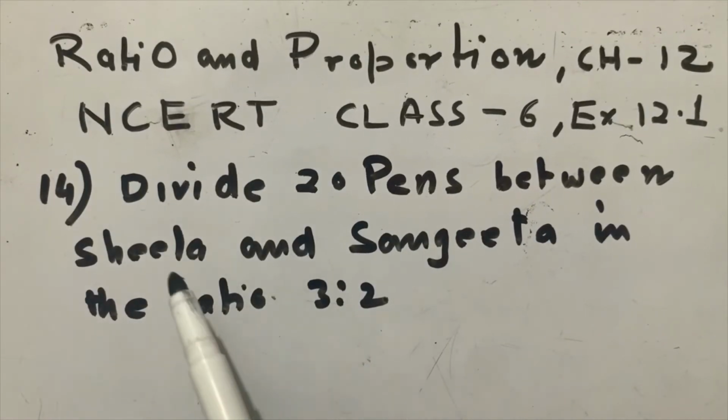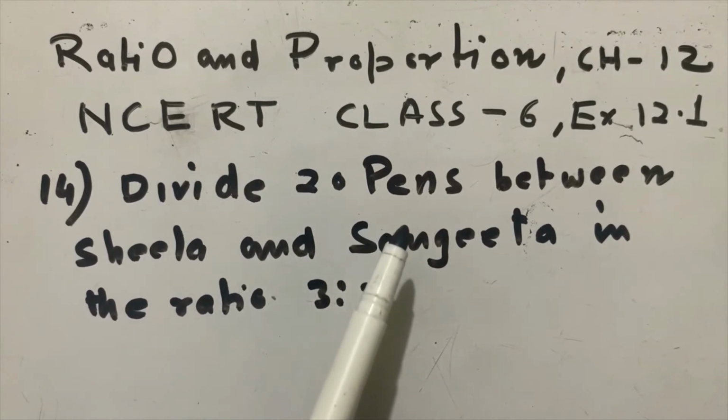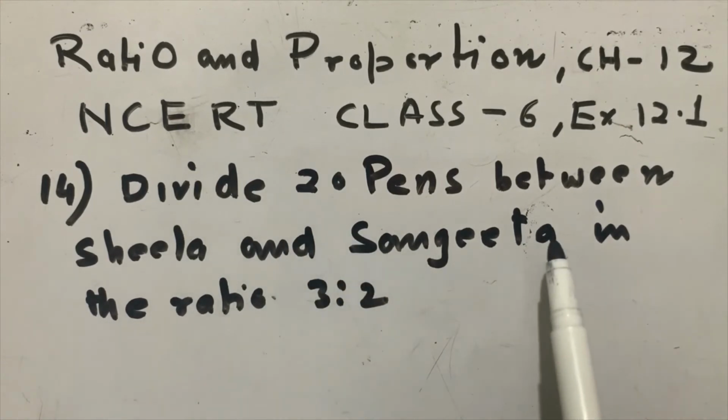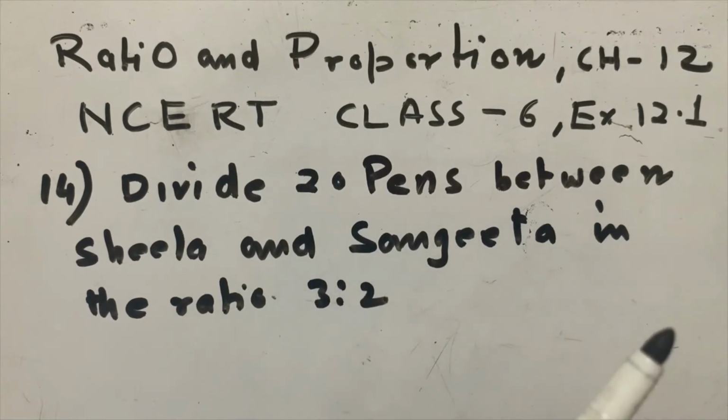Question number 14, ratio and proportion, class 6, chapter 12, exercise 12.1. It is given, divide 20 pence between Sheila and Sangeeta in the ratio 3:2.